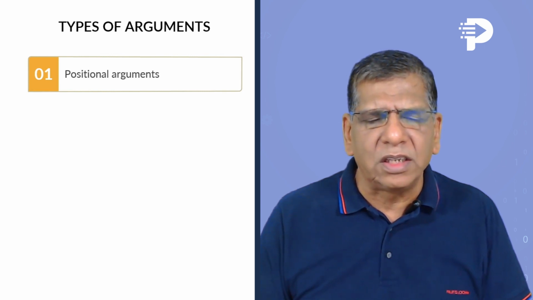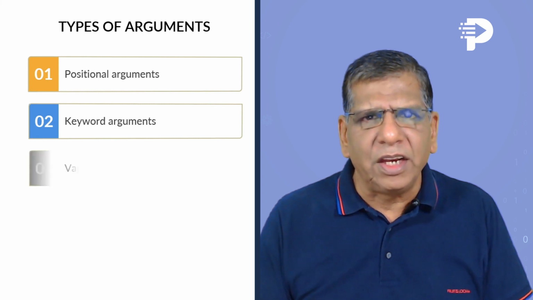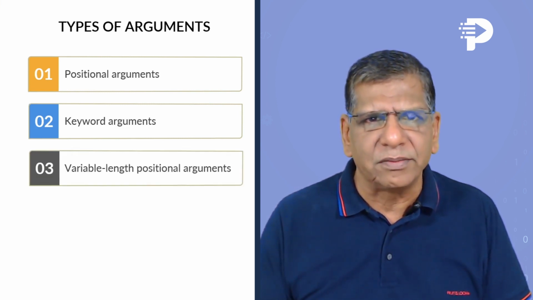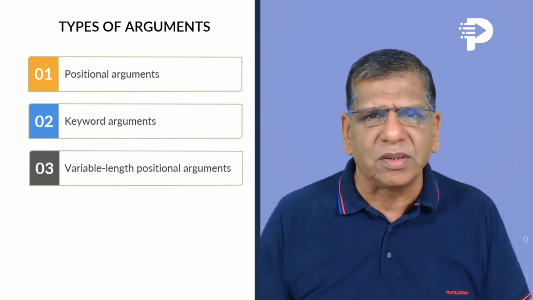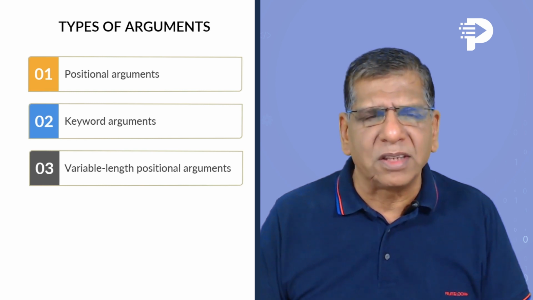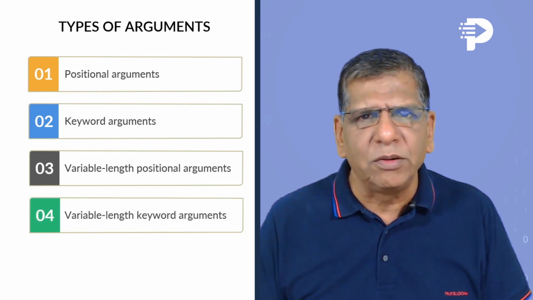Then you have keyword arguments. Variable length positional arguments means we do not know how many are there. Sometimes they are 3, sometimes 5, sometimes 10. We don't know how many positional arguments are there. That is the third scenario. And fourth is we have variable length keyword arguments.